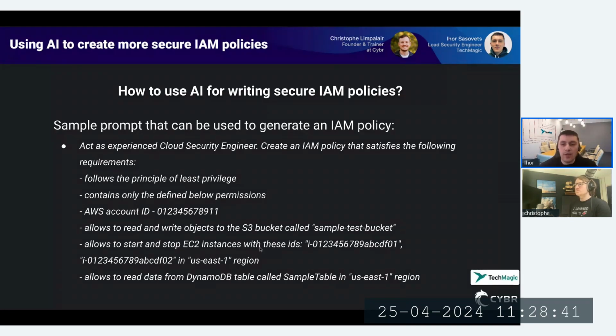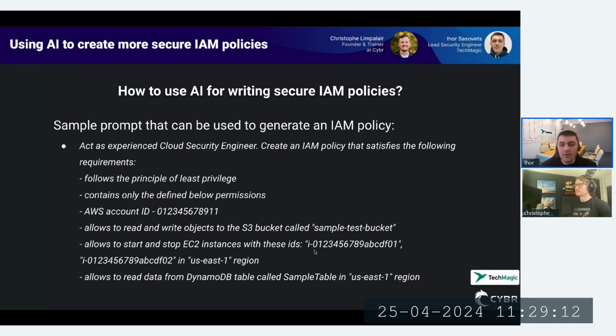I just call it sample test bucket, and for me it is a tip that helps to get a better output, and close it in double quotes, and specify what actions you need from this bucket. So in this case, it is allowed to read and write objects to the specified S3 bucket. Also, we need to start and stop EC2 instances, and let's also specify some sample IDs.